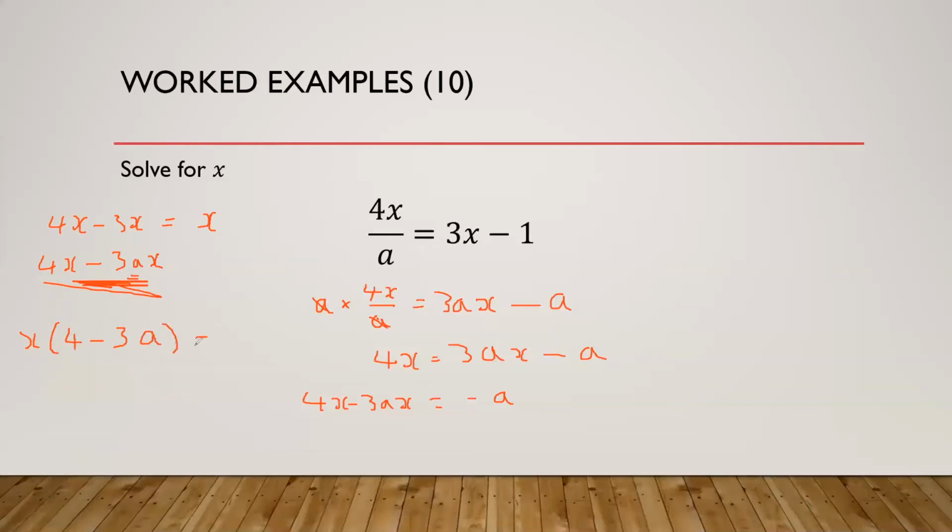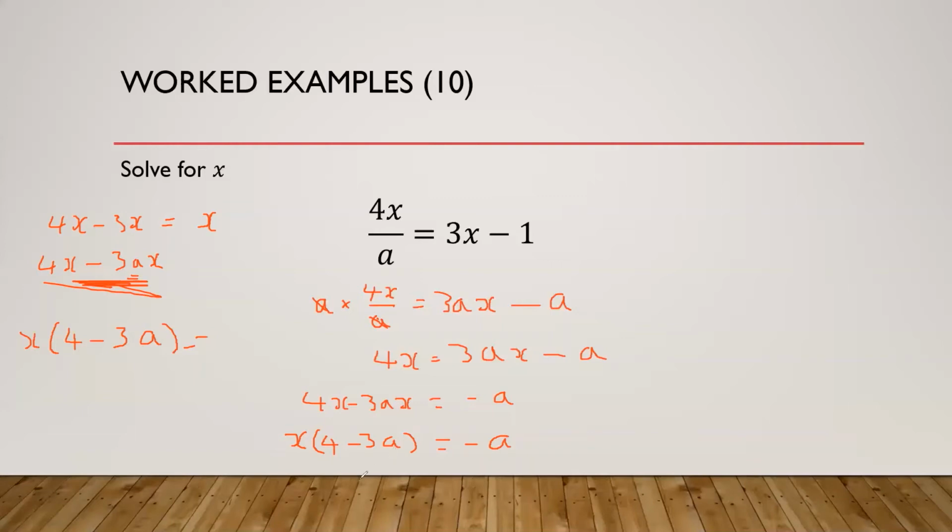You'll find that once you've expanded the bracket, you'll get back to 4x minus 3Ax. So that's how we factorize it. X comes outside of the brackets, so we are assuming that there are brackets there. You end up with x times 4 minus 3A is equal to minus A.